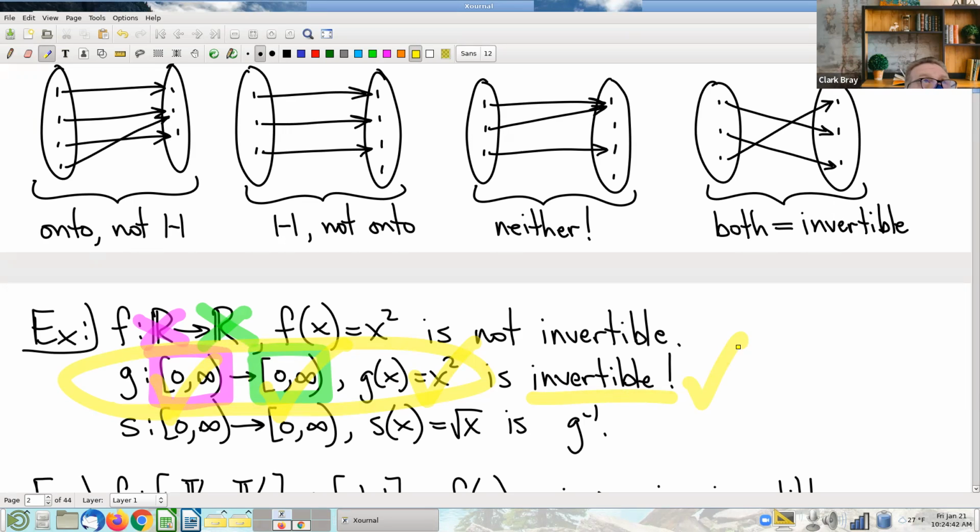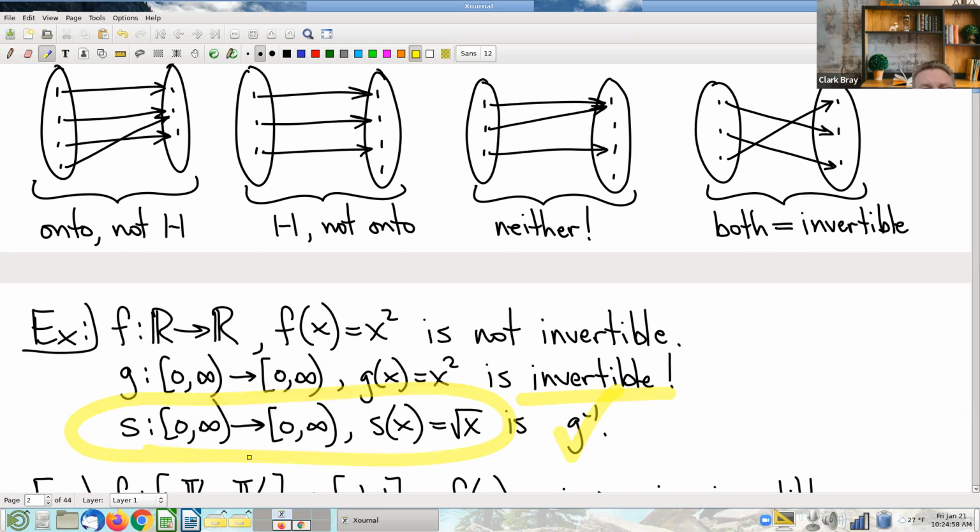So this is what I like to call the invertible square function. The regular square function is not invertible. This is the invertible square function. Different domain, different target. And then because it's invertible, I can talk about its inverse. And its inverse is this function right here. It is literally exactly what you think it is. When you go into G, you square things.